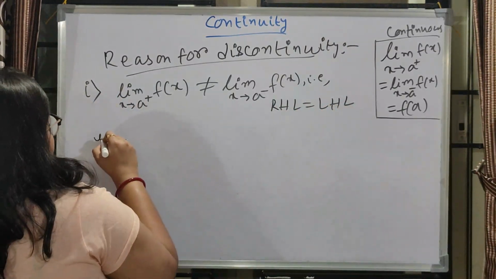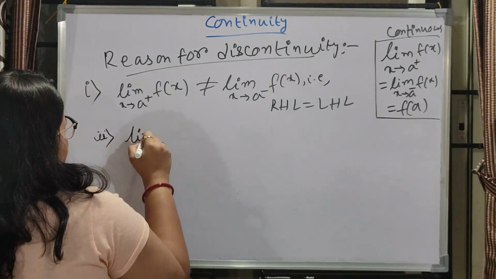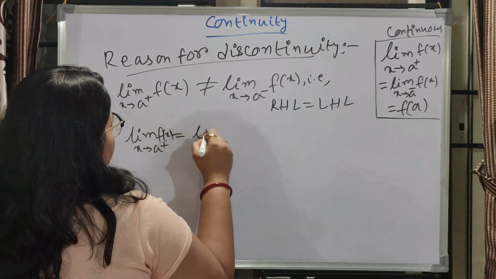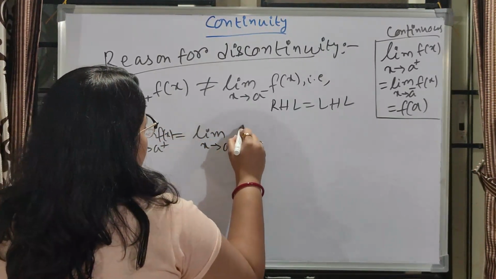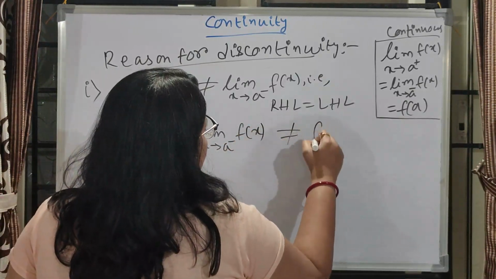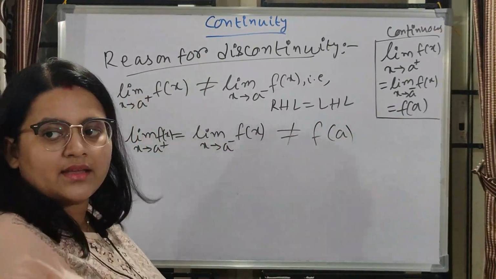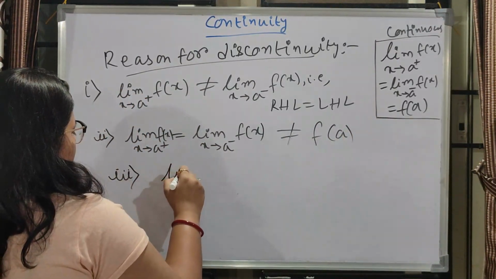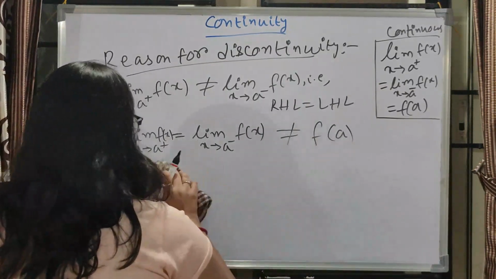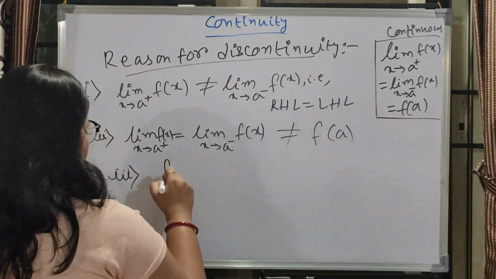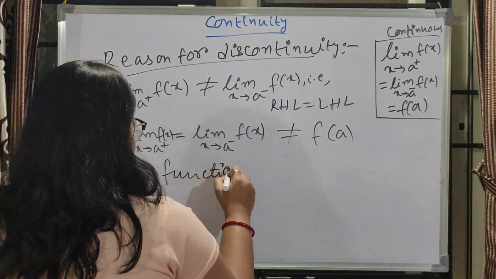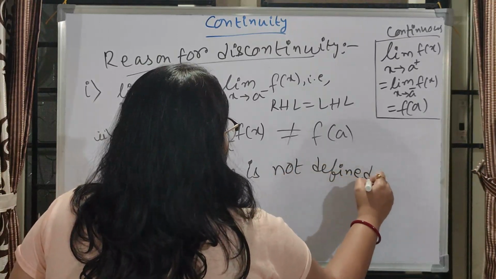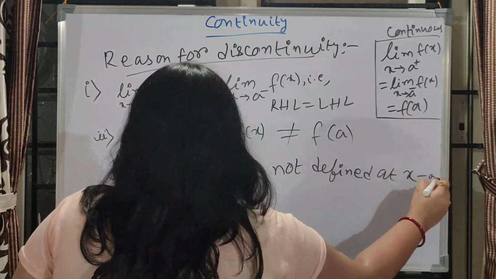Next is if limit x tends to a plus f of x equal to limit x tends to a minus f of x but not equal to f of a. This is another one. And the third one is the function is not defined at x equal to a.